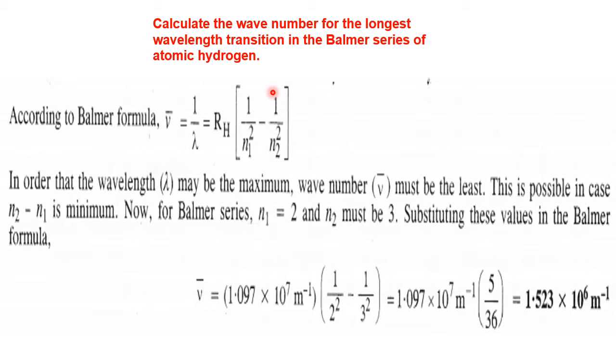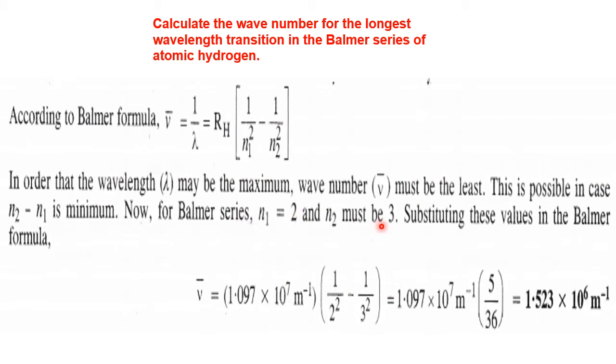So in order that the wavelength may be maximum, wave number must be the least. This is possible when n2 minus n1 is minimum, that is, the transition is to the nearby level, lesser energy, so more wavelength, the longest wavelength. So for the Balmer series, n1 equal to 2, n2 equal to 3. That is the spectral line.